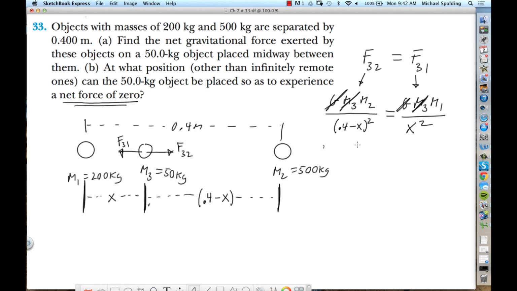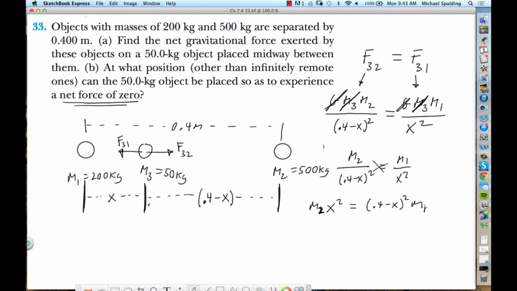Okay, so what we're left with is M2 over 0.4 minus x squared equals M1 over x squared. So cross multiply this, and you're going to get M1 x squared equals 0.4 minus x squared M1. Wait, this is M2. Oops, this is M2. That's M2, this is M1.